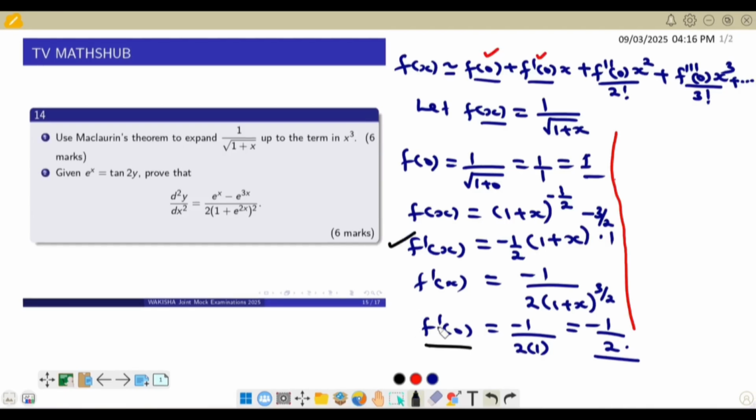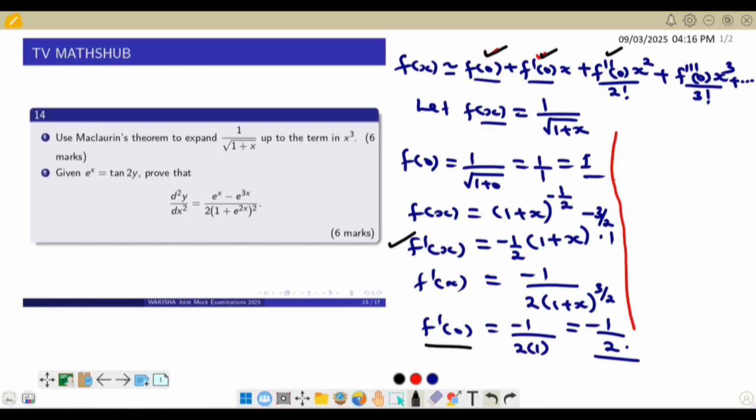Now, having got f derivative of 0 as negative a half, it means we have so far achieved this, and we have already achieved this. So next, we look at f double derivative of 0. But to get f double derivative of 0, you need to first of all differentiate f derivative of x. So we already have our f derivative of x here.